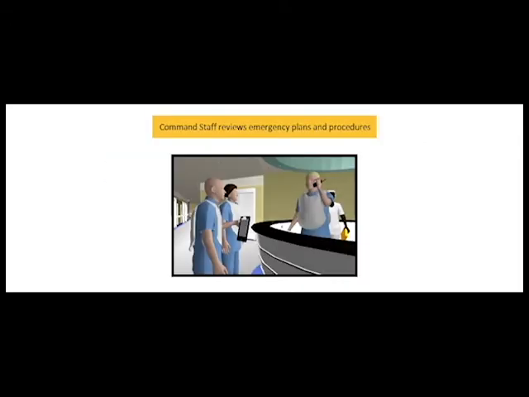Upon assignment, command staff should review the facility and departmental emergency operations plans and procedures. In addition, they should initiate a full census of patients and movement equipment using the hospital's status reporting process. Each floor or unit should provide this information directly to the hospital command center and provide an update every 4 hours for the duration of the emergency.